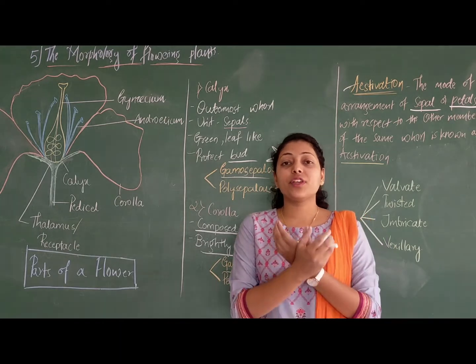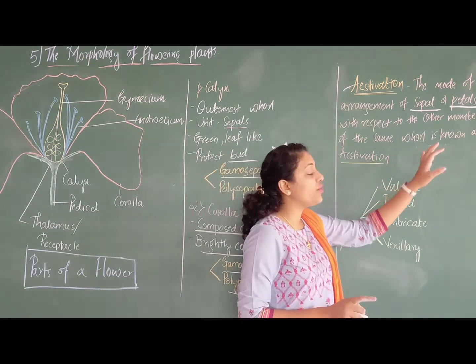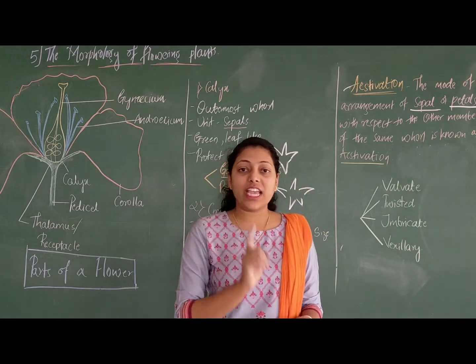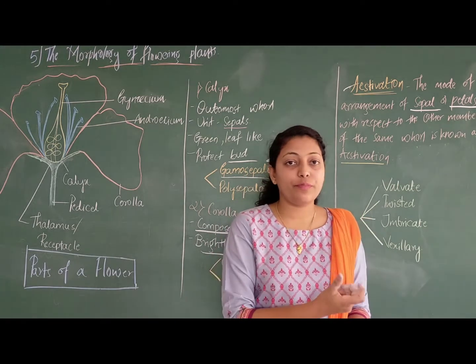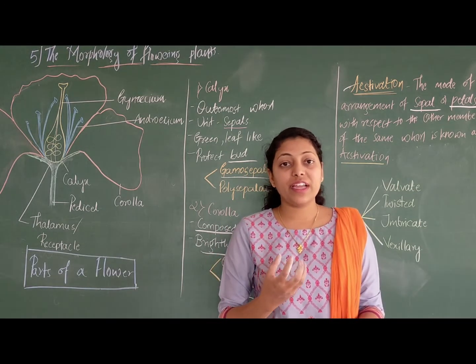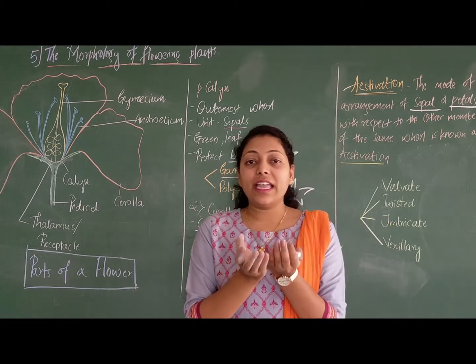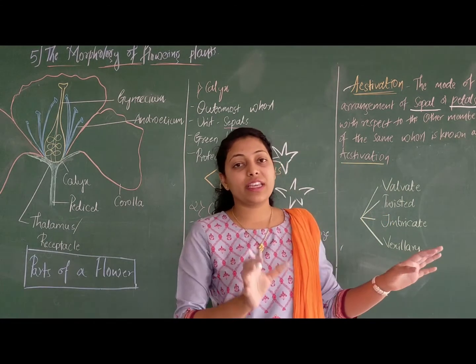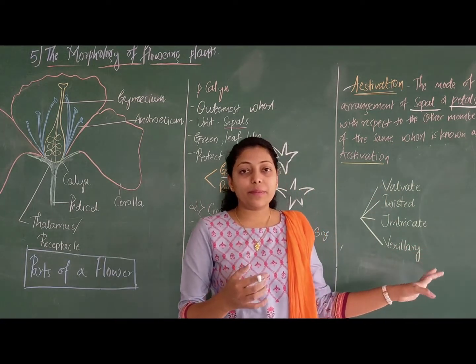The arrangement of sepals with respect to other members of the same whorl is known as aestivation. The arrangement of sepals is different and the arrangement of petals is different. Looking at this arrangement position, we can call it aestivation. Is it clear? Have I cleared my point?